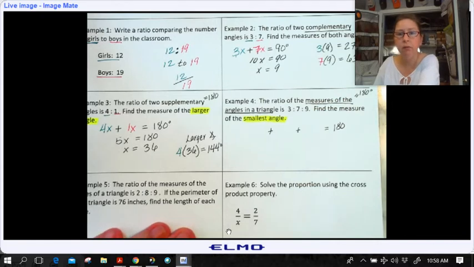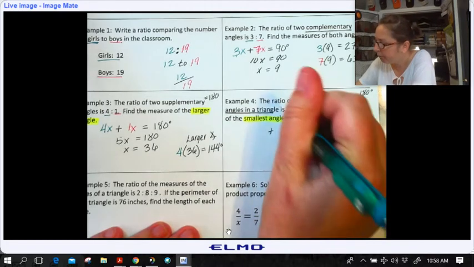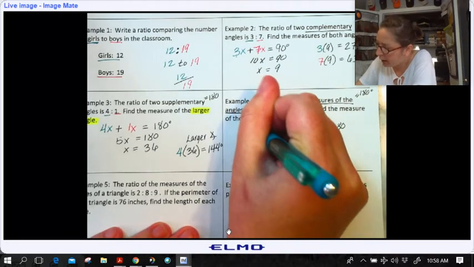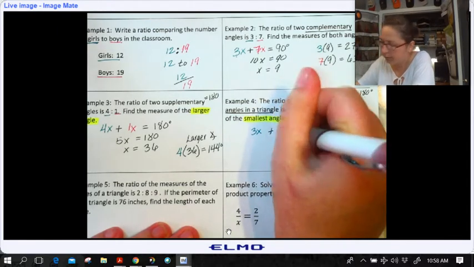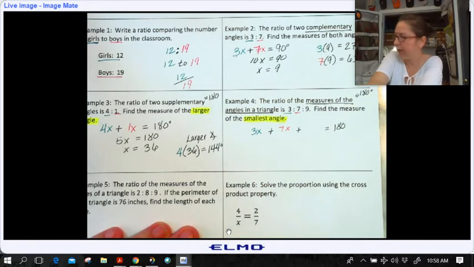That is our triangle sum theorem, okay? So let's go ahead and set up our equation. 3x plus 7x plus 9x.